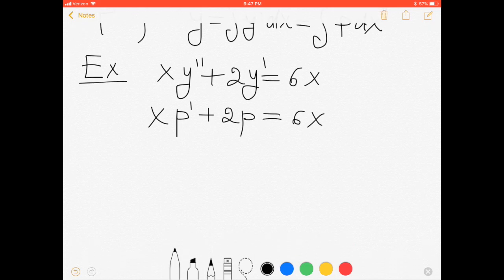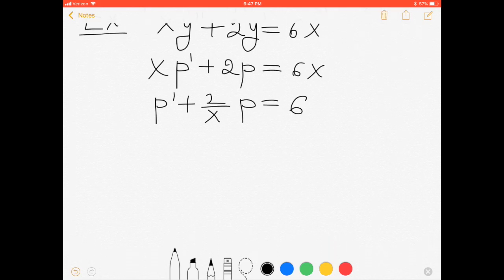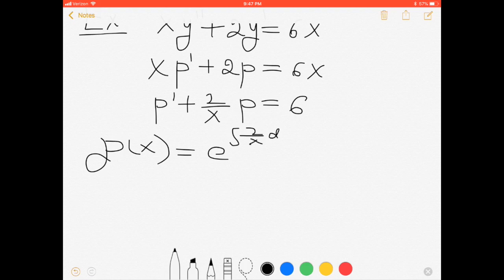This is a linear equation. Now divide by x, and I write the linear equation in standard form, equal to 6. Here our multiplicator will be e to the exponent of the integral of 2 over x dx. It will be e to the natural log of x twice. It will be x squared.